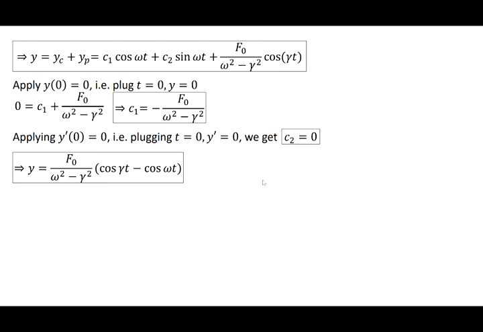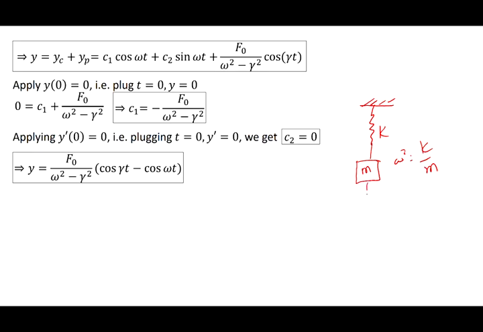Now, here is what I wanted to discuss with you. Let me see if I can draw this. If you have a spring and a mass attached to it, m and k, omega square is equal to, sorry, k over m. Omega square is k over m.